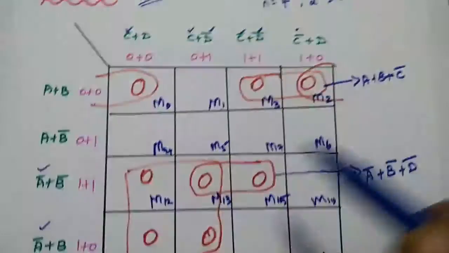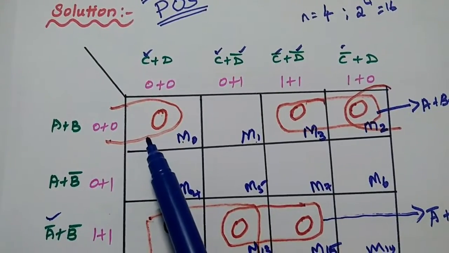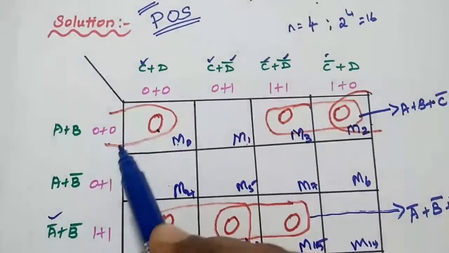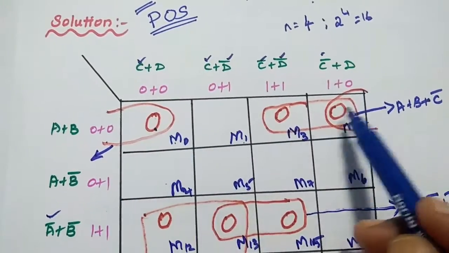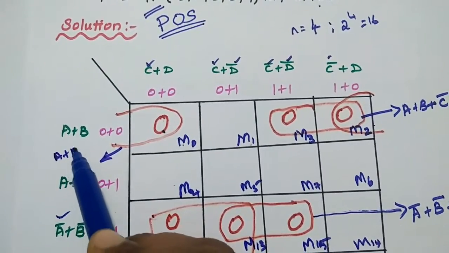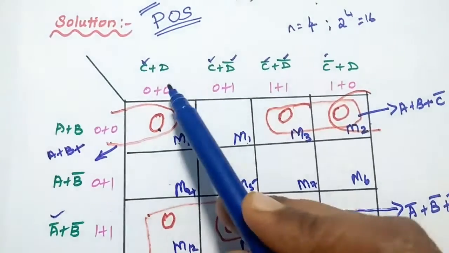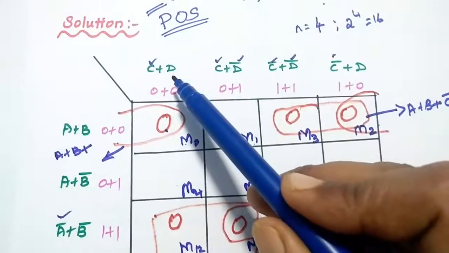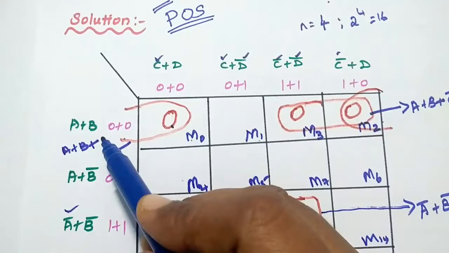Finally, we write the expression for this group, this 0 and this 0. For these two zeros, A plus B is common, and on the column side, here it is C, here it is C bar, here it is D, here it is D. So we can take D.